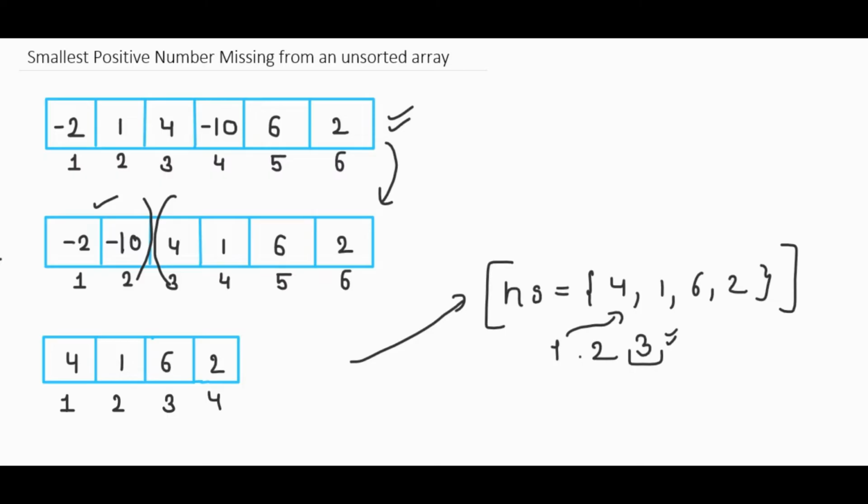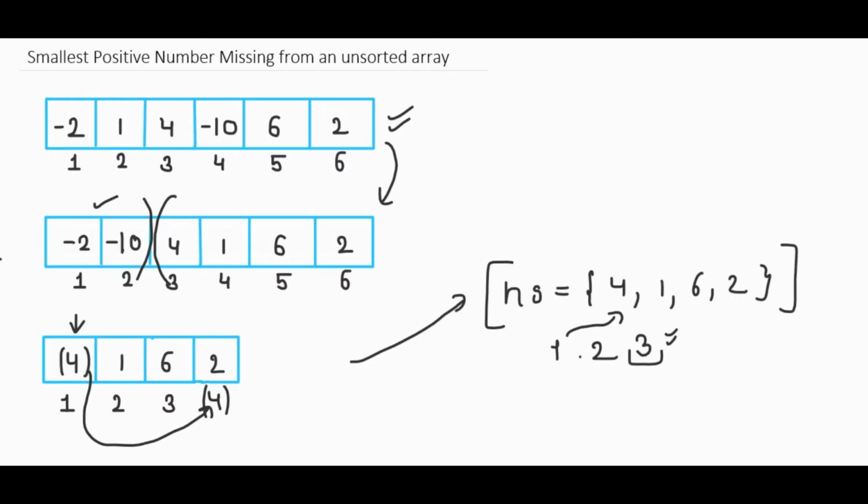First of all, we'll start traversing the array. We come to the first element, we see 4 is present there. So what we will do is, we will find the index which has the same value as the value of the element at the first position. So we have an index whose value is 4.